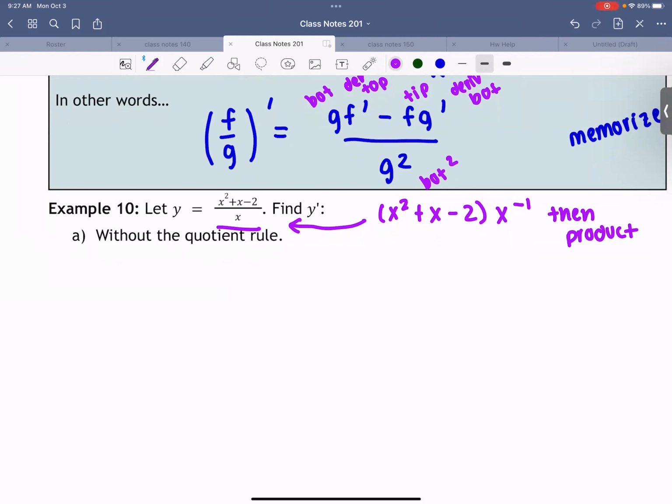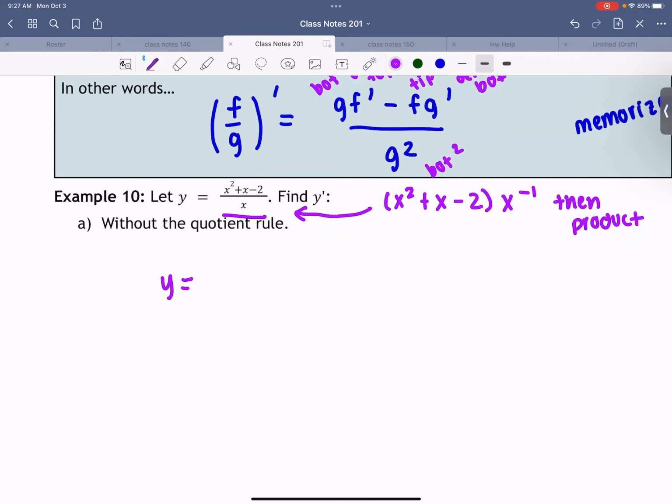Any other observations that we can do? Troy? Maybe like three separate fractions. Yeah, x squared over x, x over x, and 2 over x. Good. So Troy said, let's take the x squared and put it over x, the x and put it over x, and the 2 and put it over x.